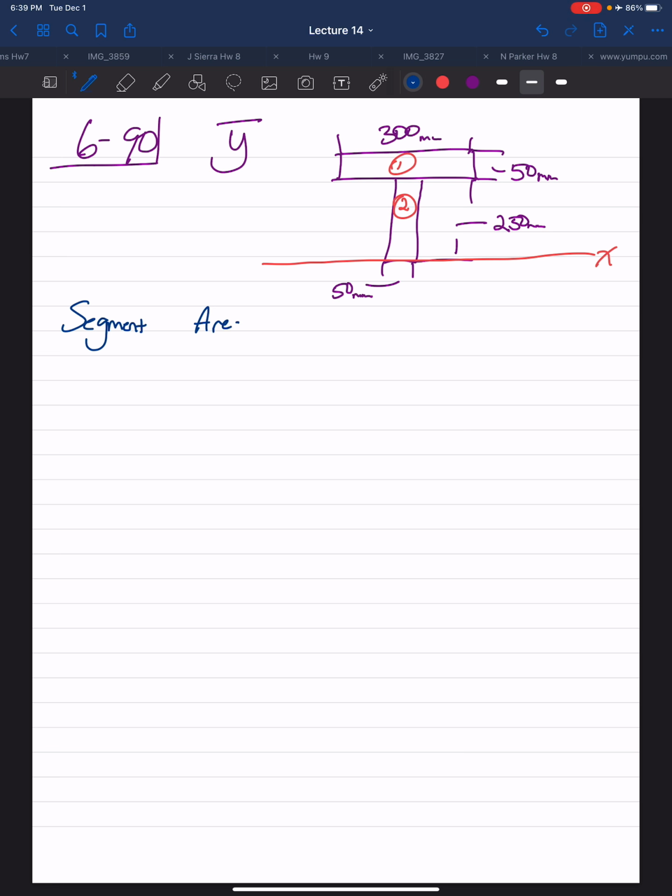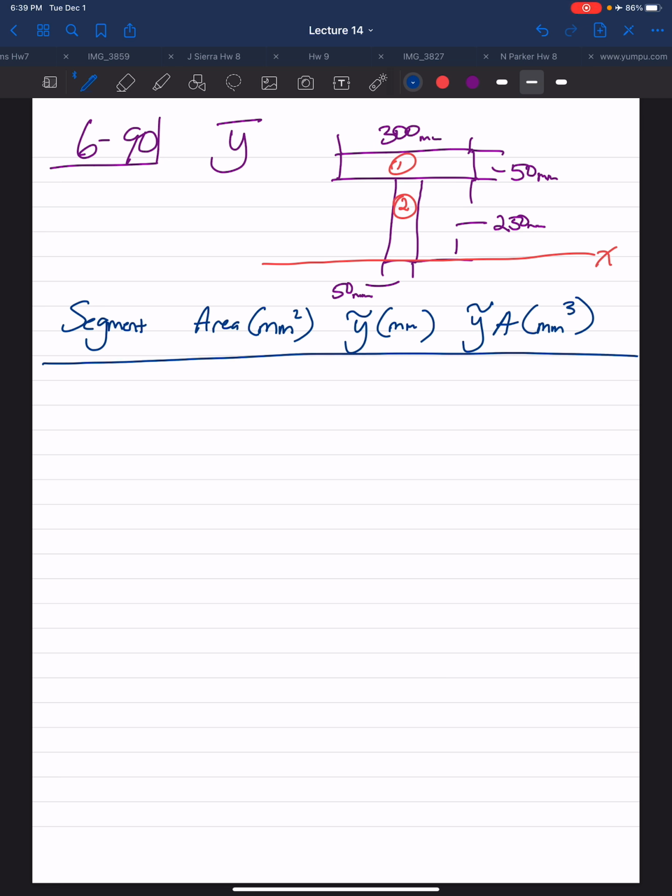So setting up our chart, you have an area, this is in millimeters squared, y wavy, which is millimeters, and y wavy A, which is millimeters cubed. That's segment 1, segment 2. So the area of segment 1 is base times height. This is simply 50 millimeters times 300 millimeters.